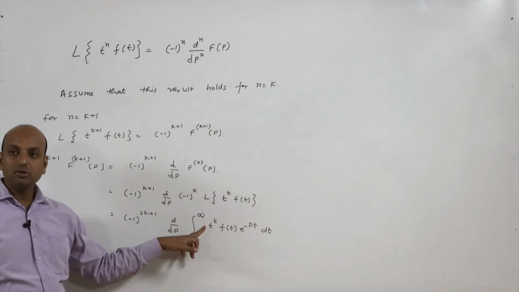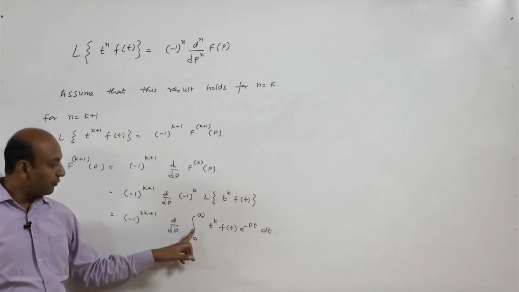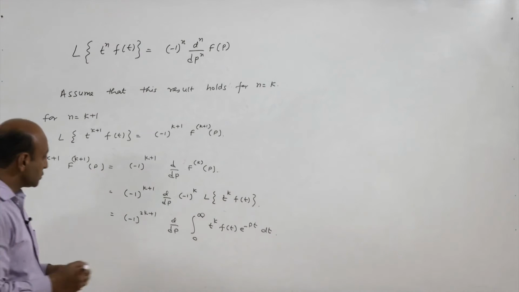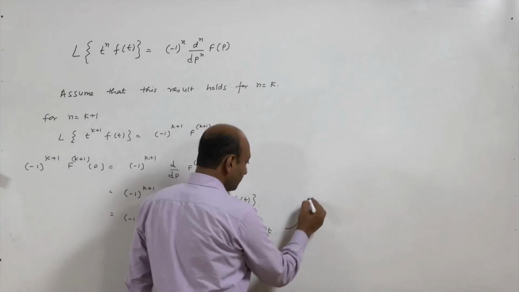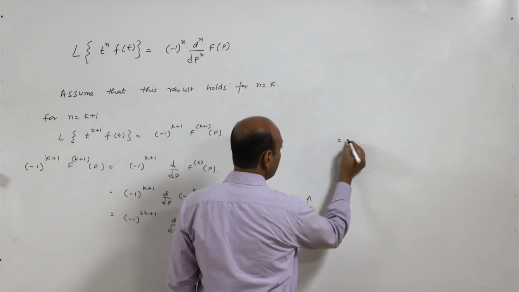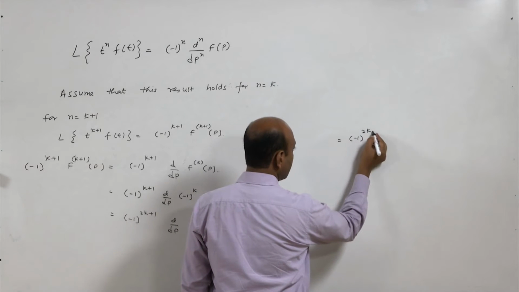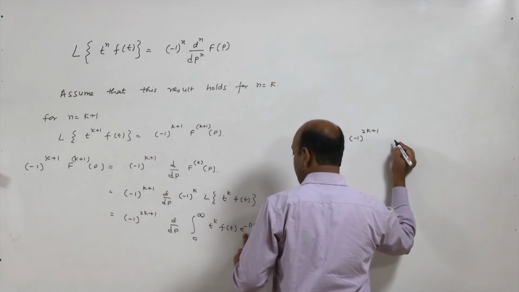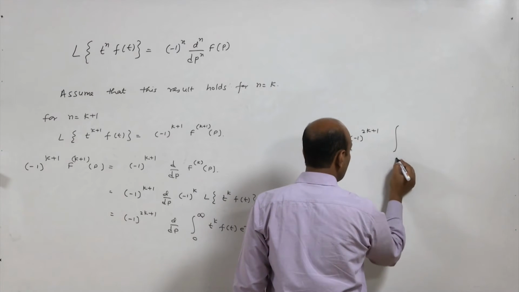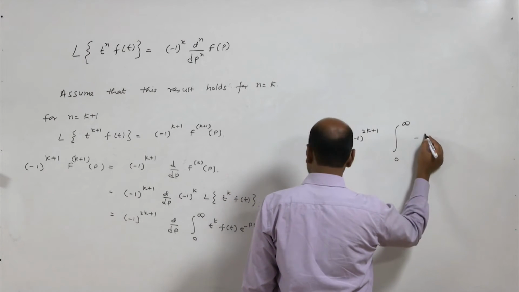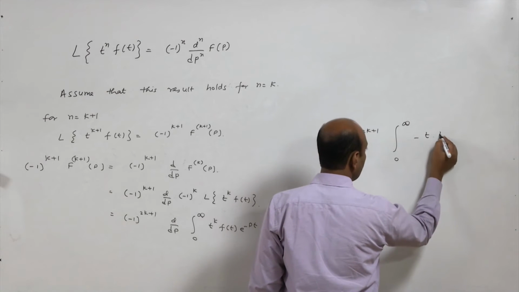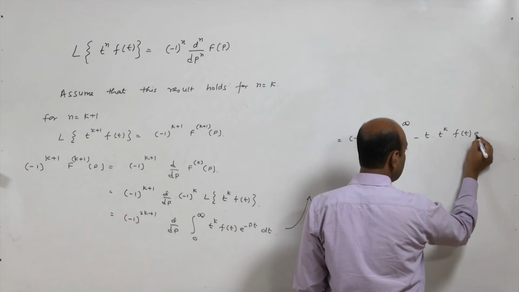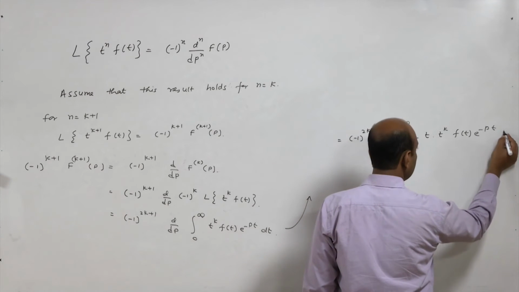Again use Leibniz rule. So, when this goes inside, it will be ∂/∂p. So, this expression will be equal to (-1)^(2k+1), and ∂/∂p of this expression will be the integral from 0 to infinity of minus t times t^k f(t) e^(-pt) dt.